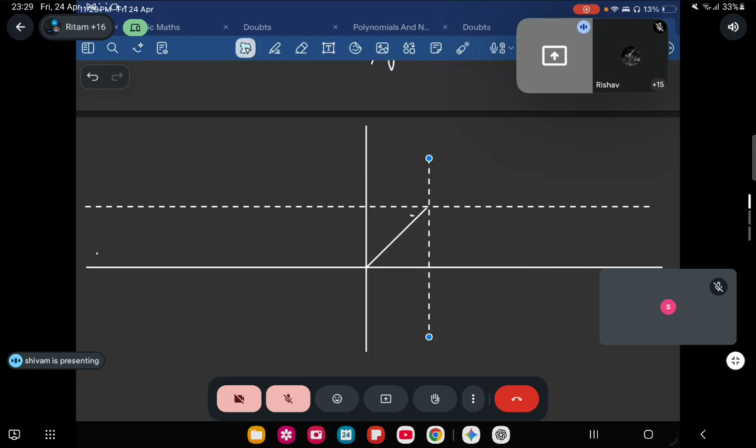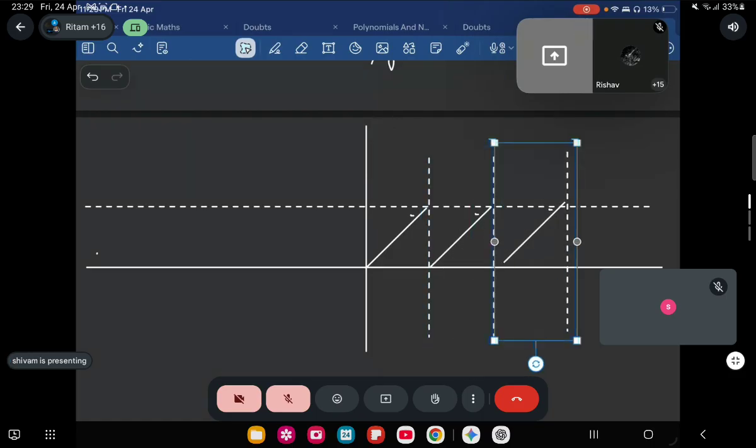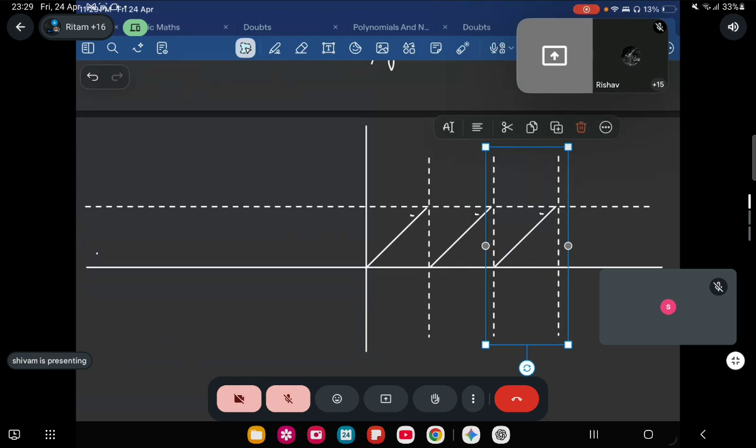Once you have drawn one of the branch, after that you keep on copying and pasting. Are you people able to understand how I am drawing the graph?